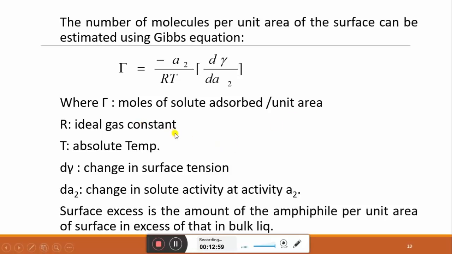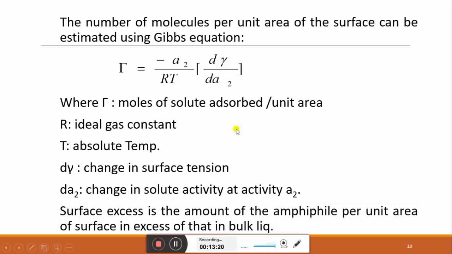R is the gas constant, T is the temperature, d gamma is the change in surface tension, dA2 is the change in solute activity A2, and surface excess is the amount of amphiphile per unit area of surface in excess of that of the bulk liquid.